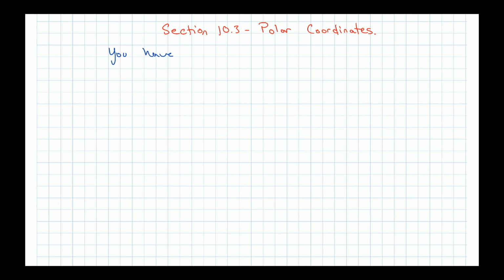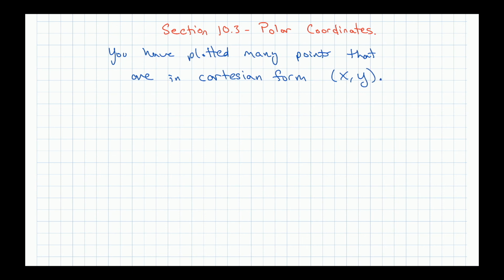You have plotted many points in your life, maybe not in this class, that are in Cartesian form. So what's Cartesian form? Cartesian form is x comma y. So that's why I say you've done a lot of it. You're pretty familiar with that, right?